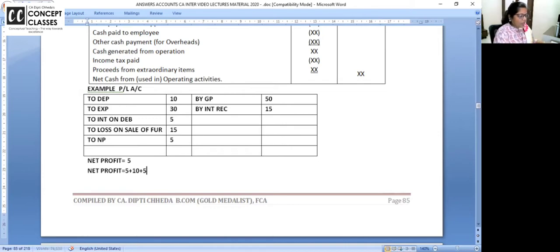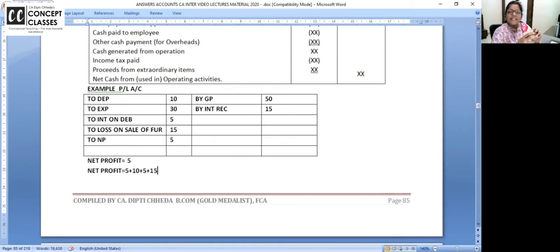Next, I want to add back 15 rupees loss on sale of furniture. 100 rupees is the WDV of the furniture. You have sold it for 85. Now, when you are selling it for 85, 85 is the sale consideration. Where are you taking 85?